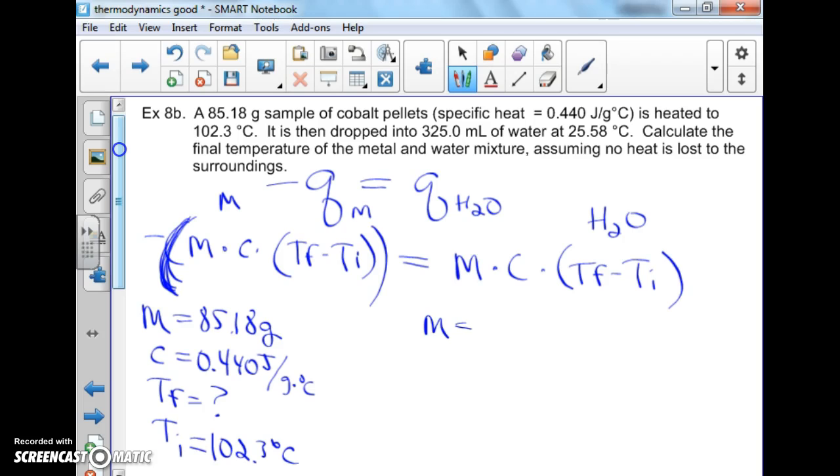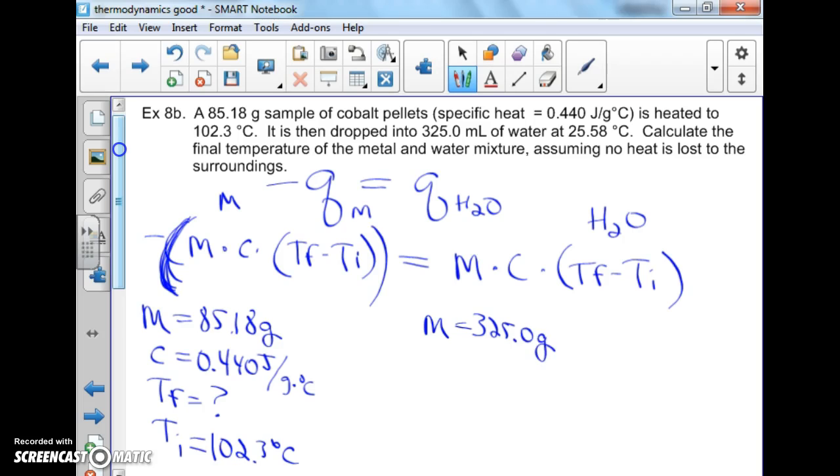We know we have 325.0 milliliters. Does anybody know the density of water? Nope, that's the molar mass of water. 1 gram per milliliter. So if we have water and we know the volume, we know the mass, because the density is 1.